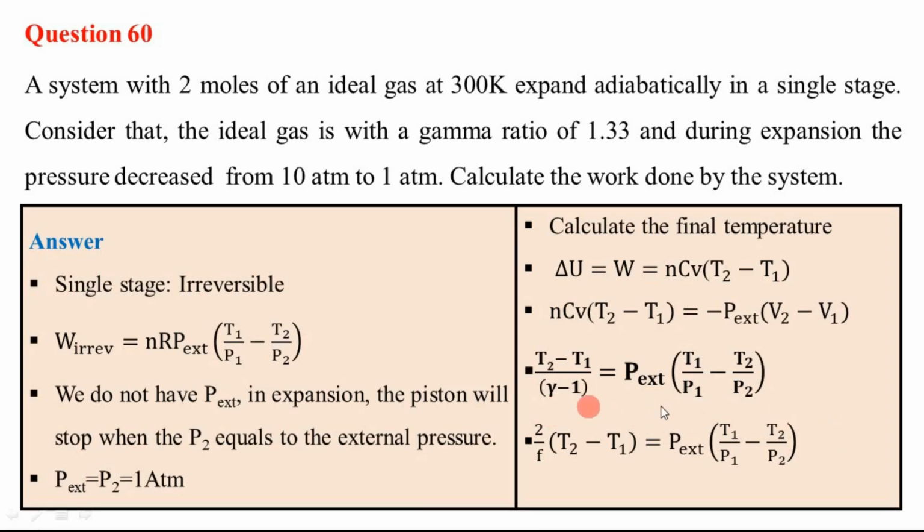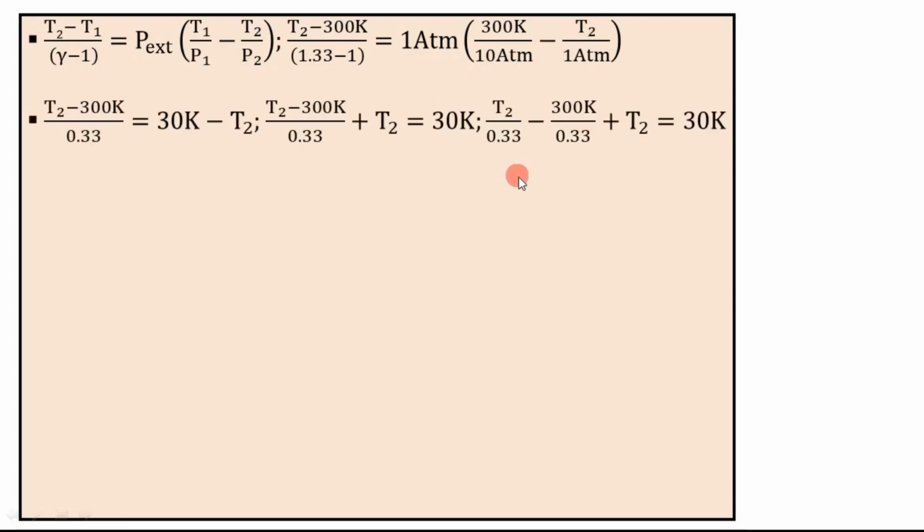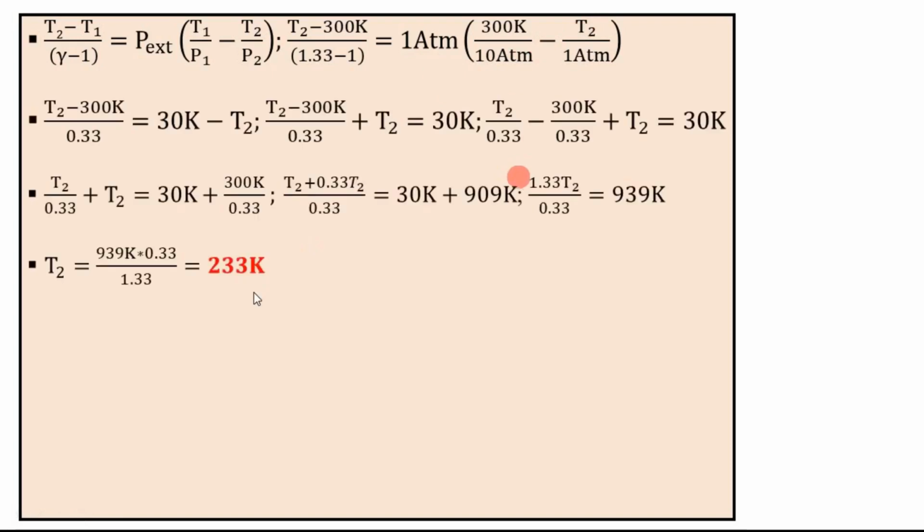After getting T2, we will calculate the work done by replacing T2 and the other values, because we need to calculate the work done. So this is the formula. We are calculating T2, so we replace T1 by its value, the gamma ratio by its value, and the external pressure. Then we calculate T2. After rearranging, you will see that T2 is equal to 233 Kelvin.